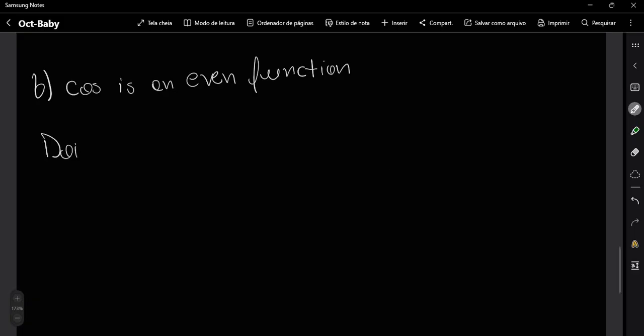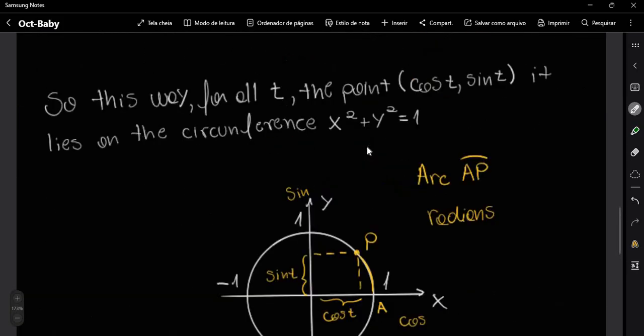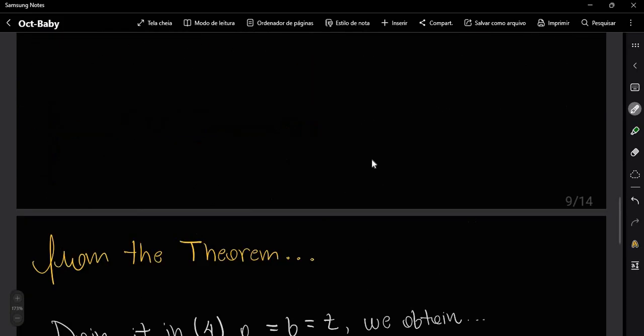And doing in 4. So let's bring this property.